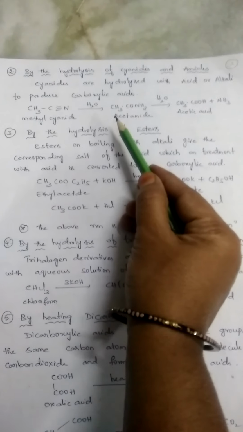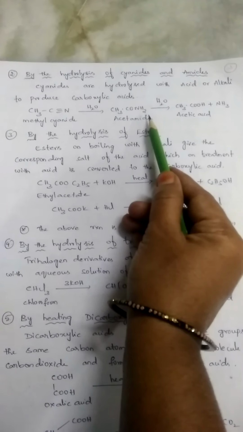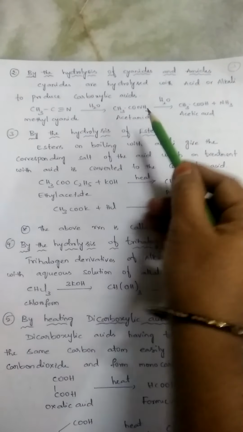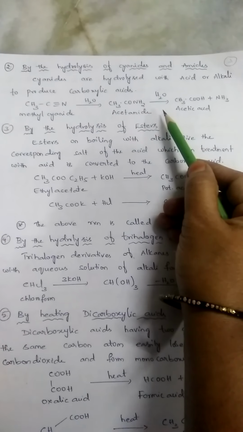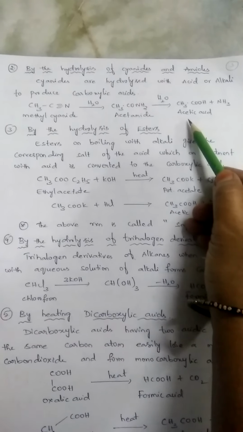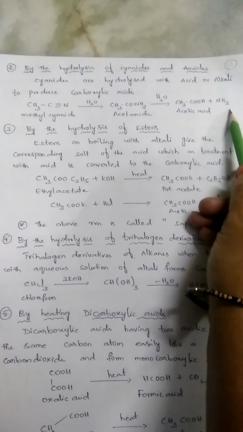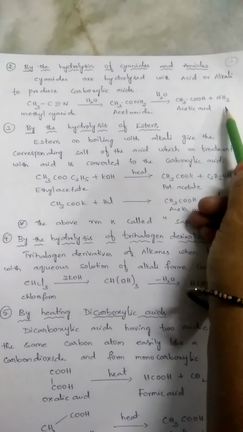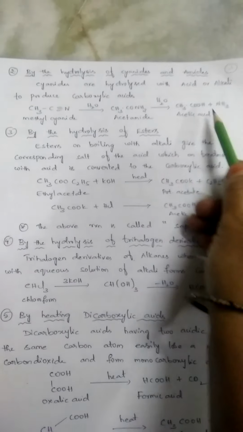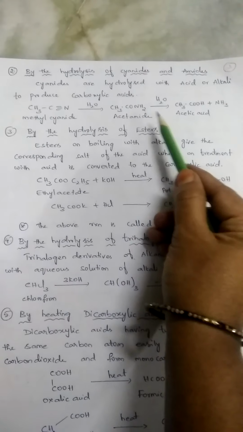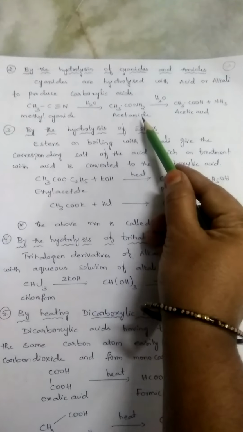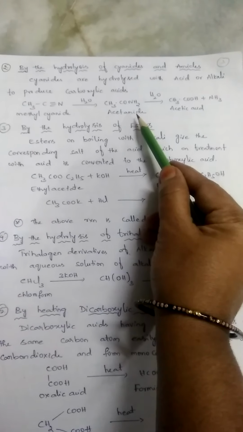So that's why we got CH3CONH2, that is acetamide. And this acetamide again upon hydrolysis forms acetic acid with the liberation of ammonia, which is also a repeated reaction, because after carboxylic acids you need to study the amides chapter.